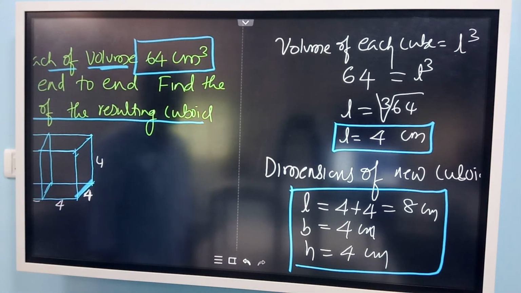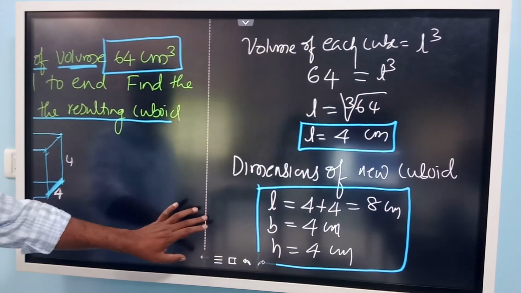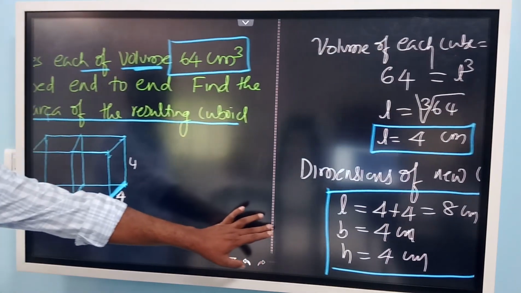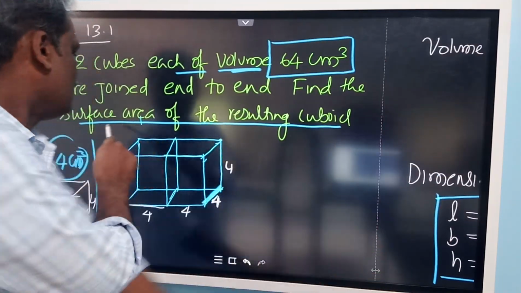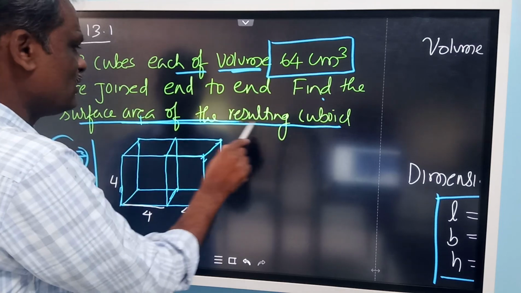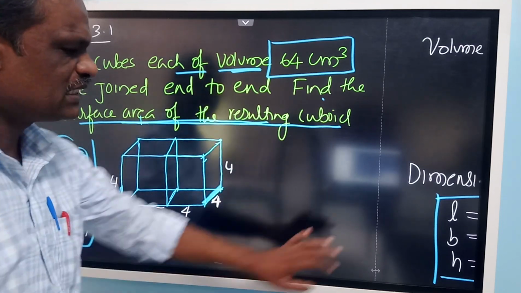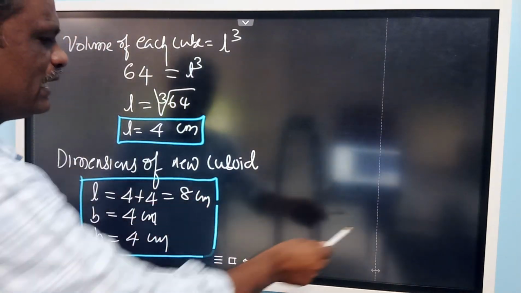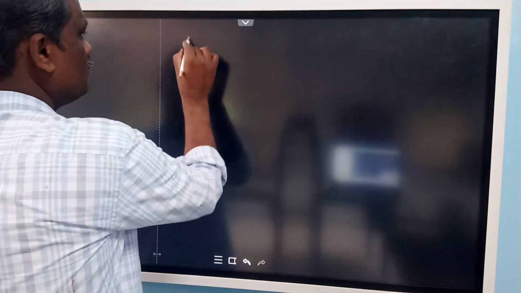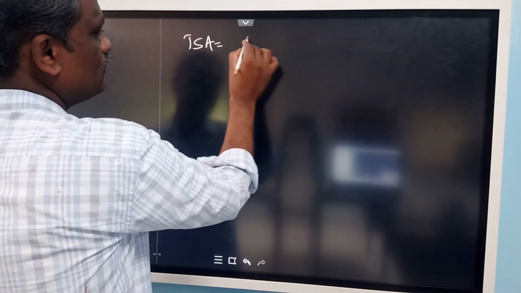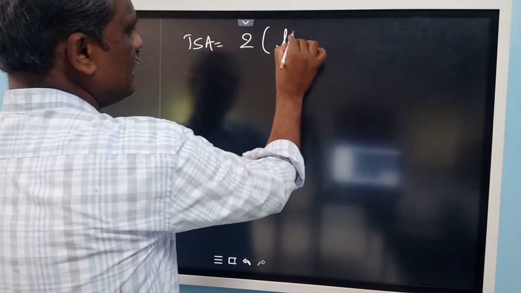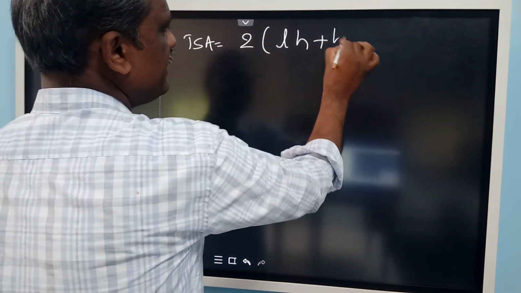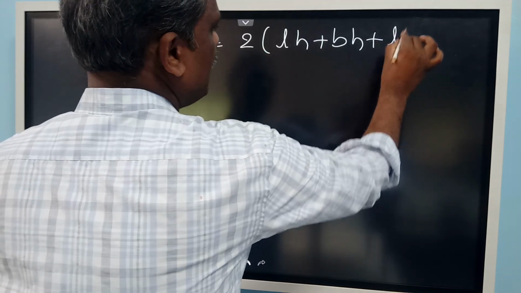So these are the three dimensions of this new solid. Once you know the dimensions of this cuboid, you can find out the surface area. Total surface area formula you know. Total surface area of cuboid is equal to 2 into (LH plus BH plus LB).